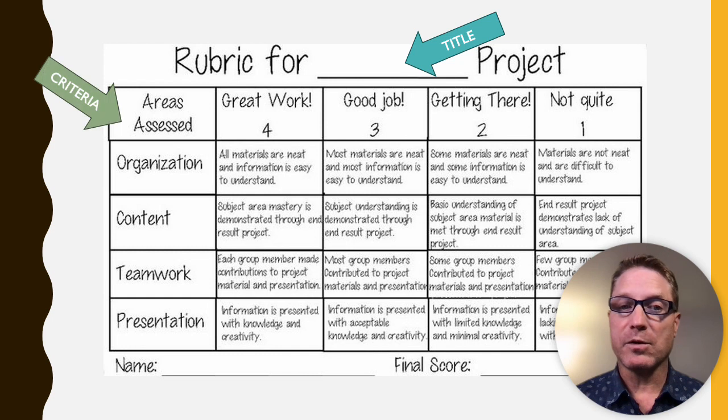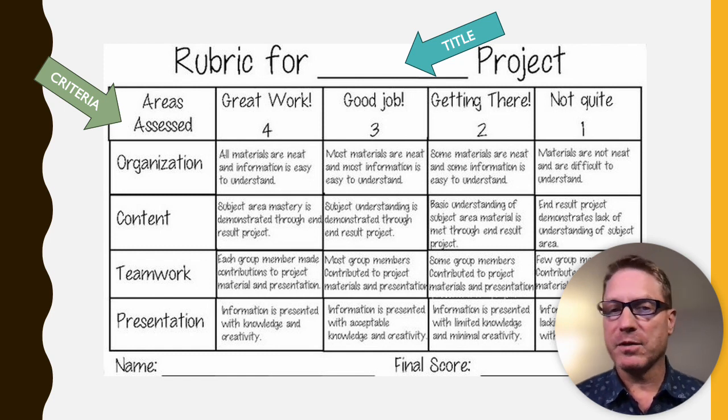Next, we see criteria, and they tend to run along the left column. For this example, the criteria that are going to be assessed are organization, content, teamwork, and presentation.